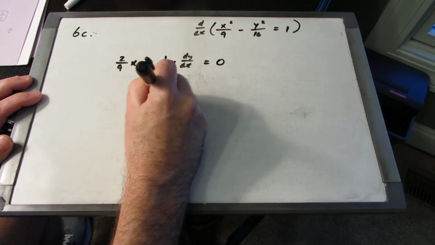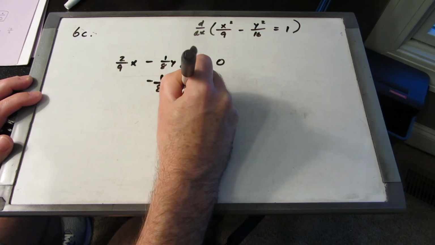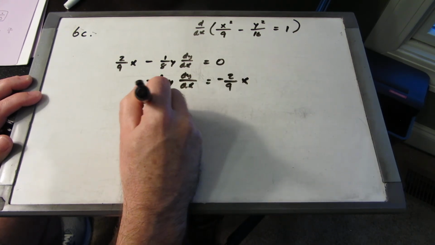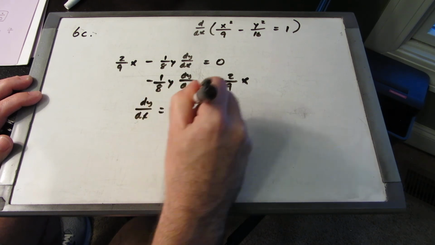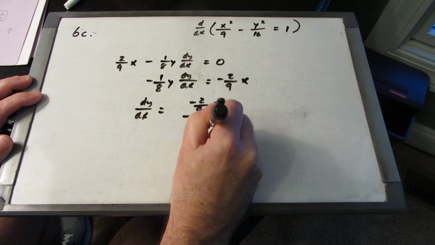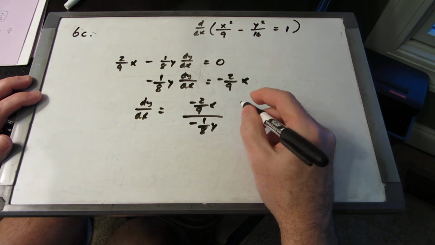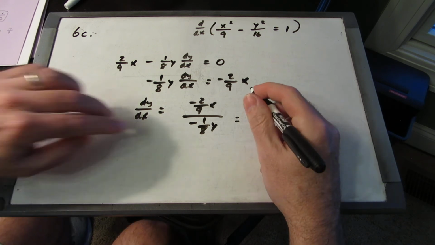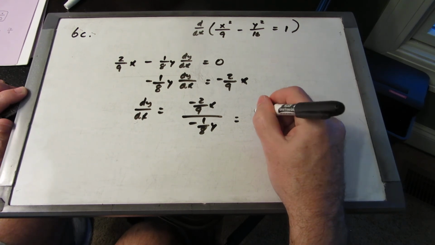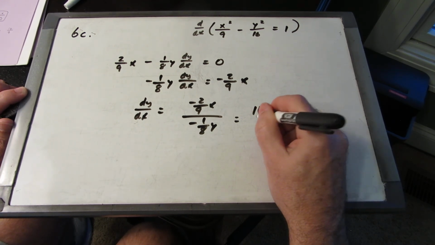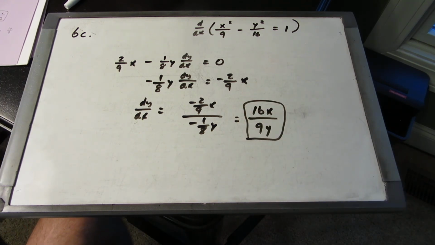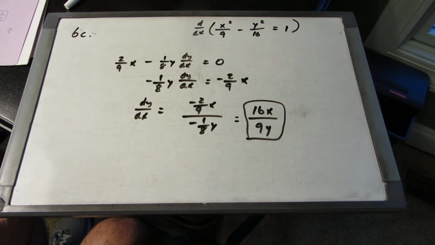So I've got minus 1/8 y dy dx is equal to minus 2/9 x. So dy dx is equal to minus 2/9 x over minus 1/8 y. After flipping and multiplying, we'd have an 8 times 2 and then a 9 times 1. So I'd have 16x, the negatives will cancel, over 9y.